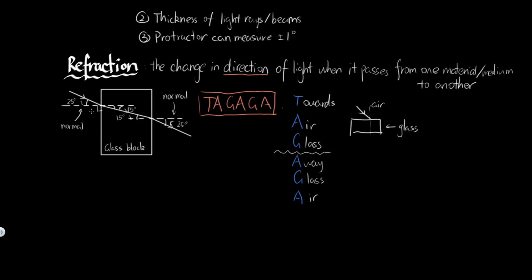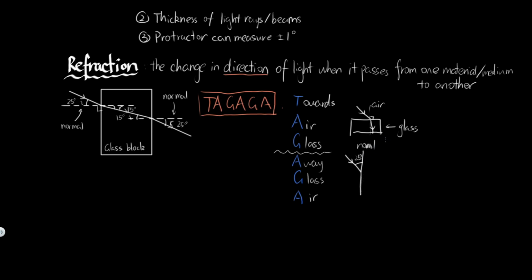So this is normal. This is normal. So in this case, that's the normal, and we know that it's gonna be towards the normal. So if the angle of incidence is like 25 degrees in this case, you pretty much know that the angle of refraction is gonna be less than the angle of incidence.